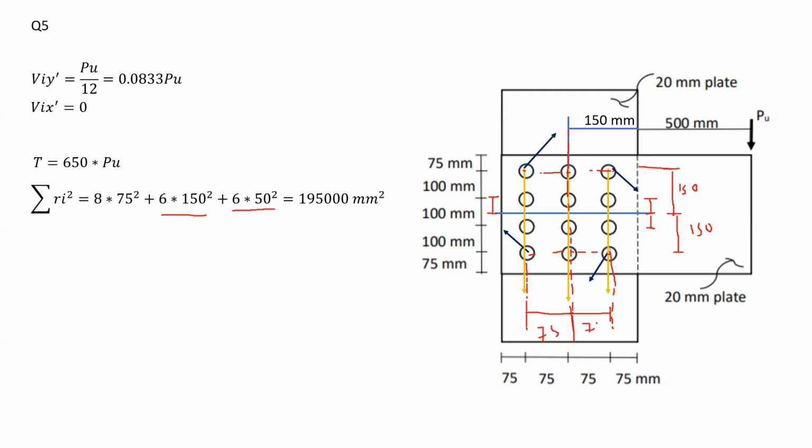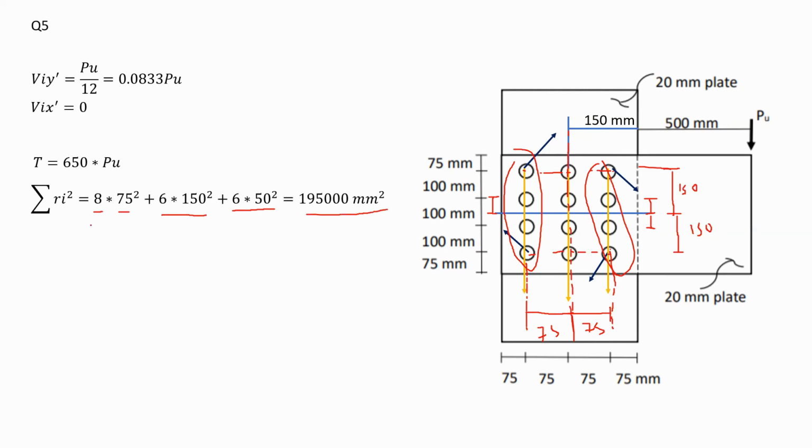This one is 75, this one 75. Now, as you can see, I have 4 bolts and 4 bolts over there at the same distance, 75. So I take the summation of all the bolts that are away at 75 millimeters squared. Here you have found the summation of Ri squared. You sum them up, you get 195,000 millimeters squared.